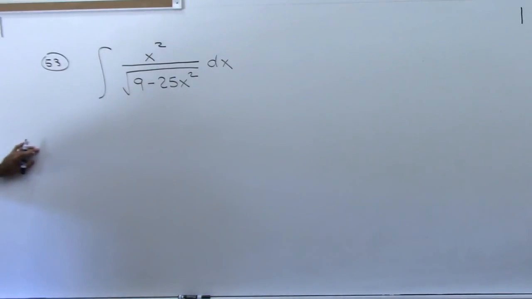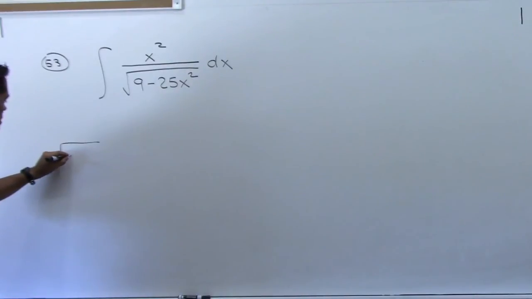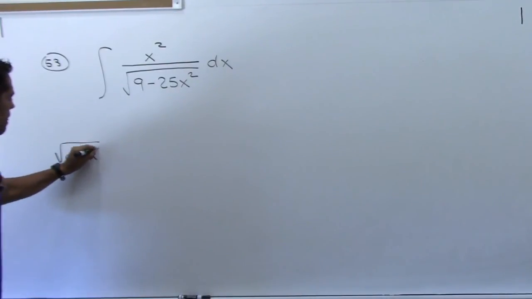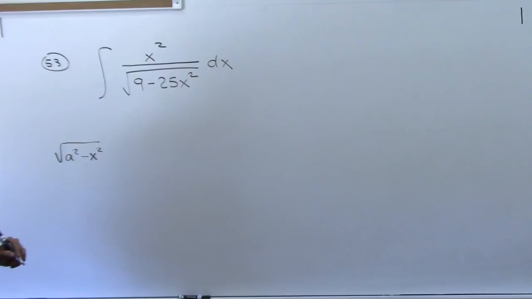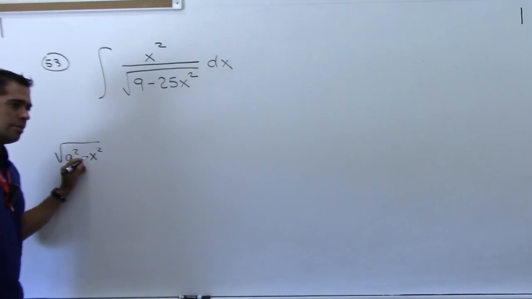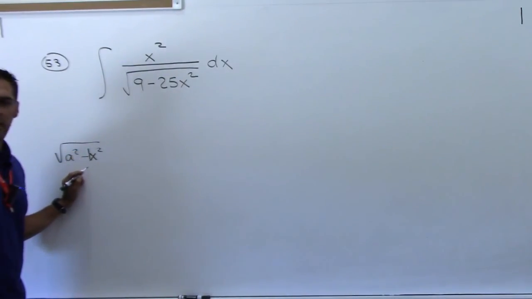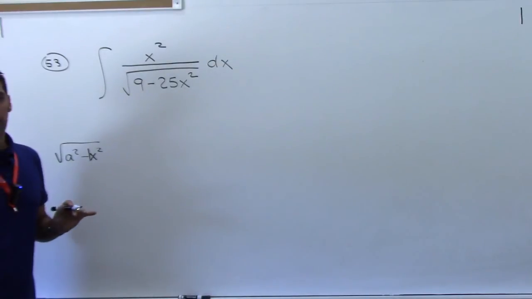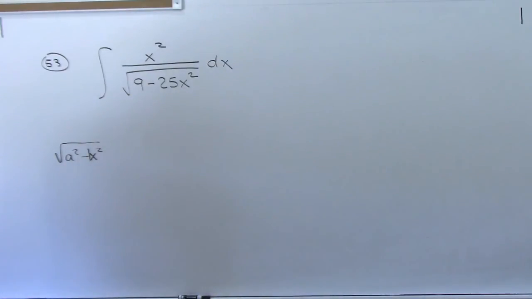And that's in the formats that we have, right? This looks a lot like this format, right? Except that the implication here is that that's a 1 in front of the x squared. We have a 25. So you can't deal with that the same way.